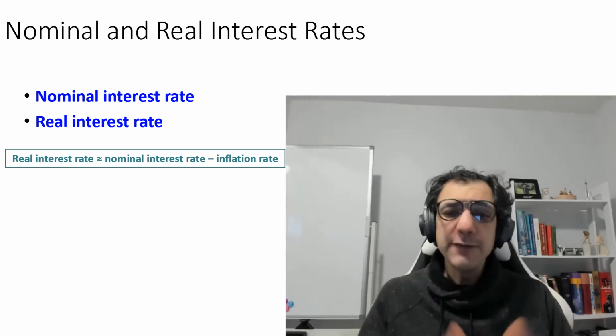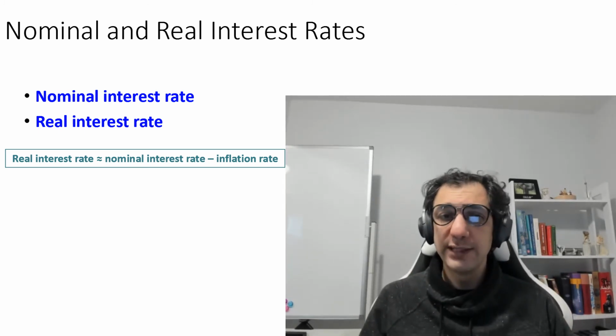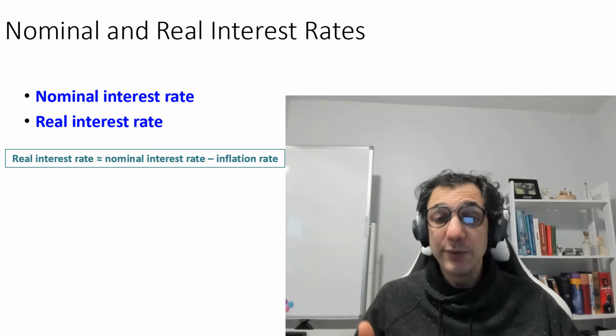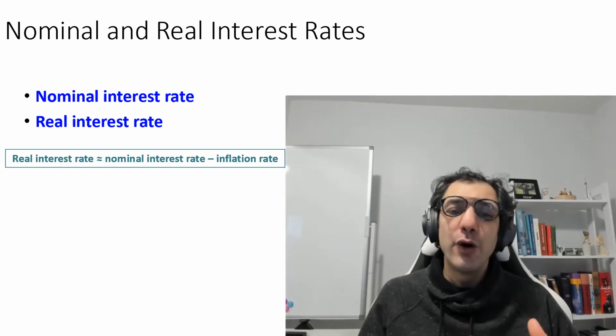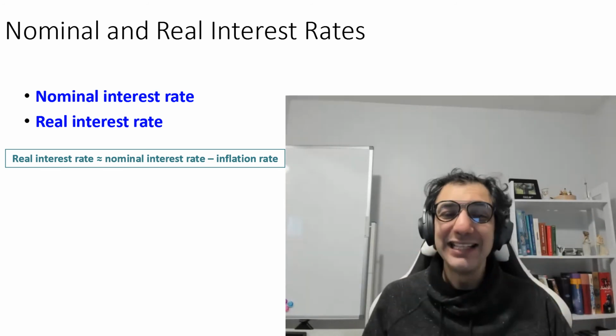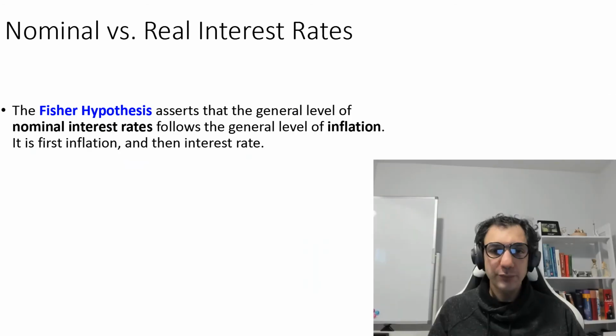So this is the formula we use to calculate the real interest rate. This is the approximate version. I'm saying approximate version because we can calculate the exact real interest rate, and I'm going to mention that in a second.